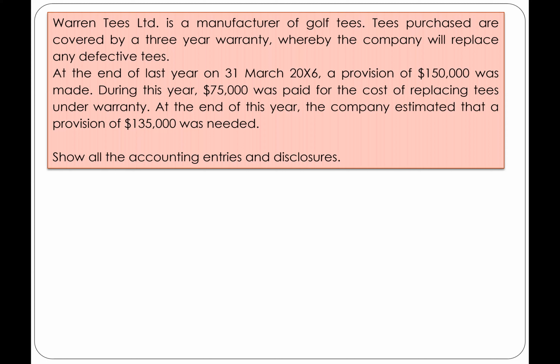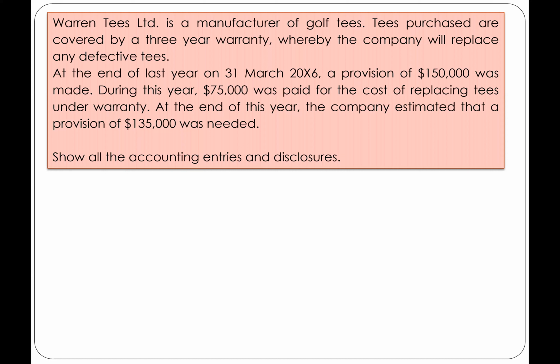Right, then in terms of the disclosure notes, you are explaining the fact that you had created a provision for the cost of replacing tees of 150,000. During the year, we made payments of 75,000 towards the cost of replacing the tees that were under warranty.